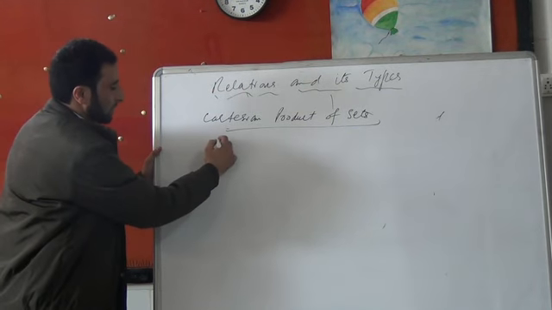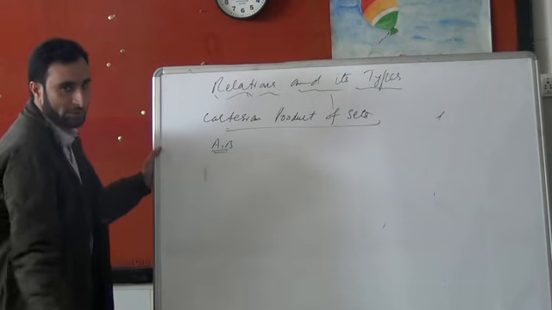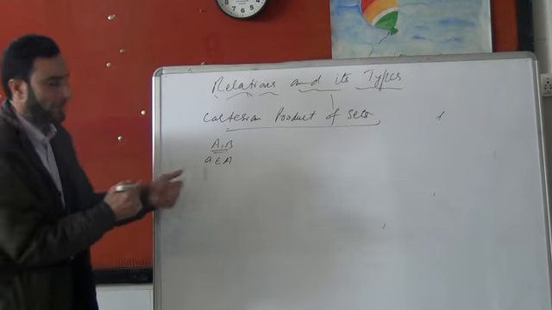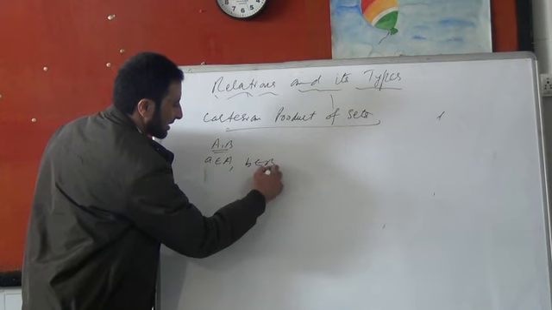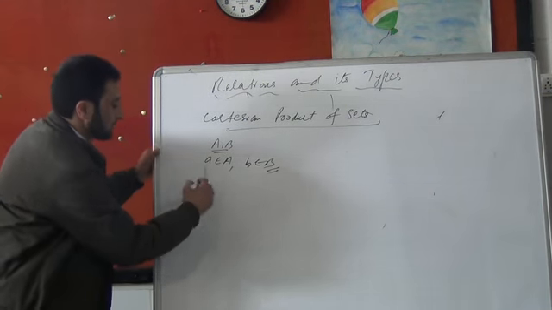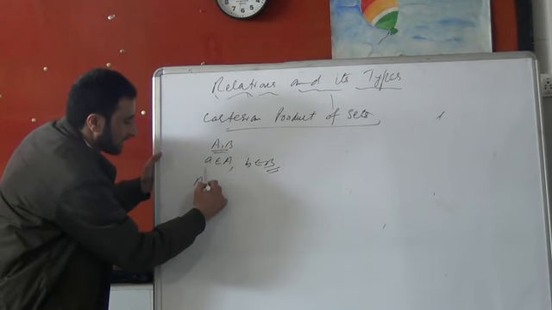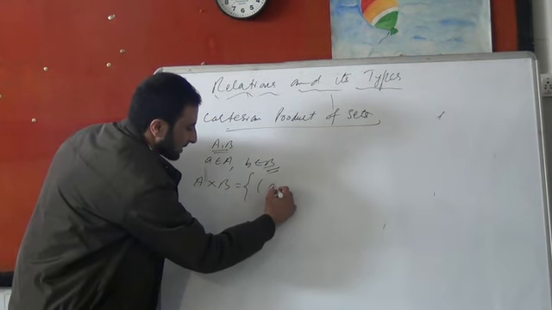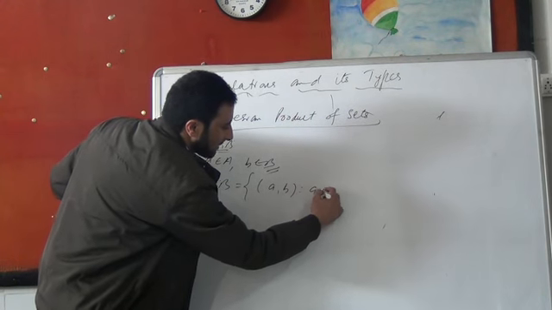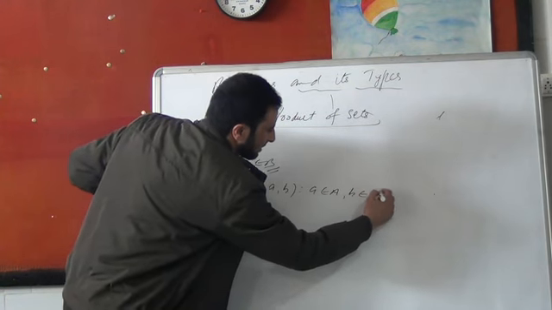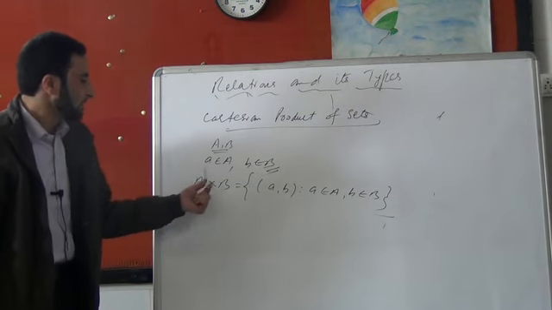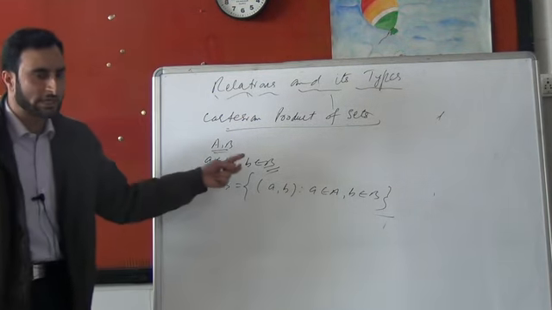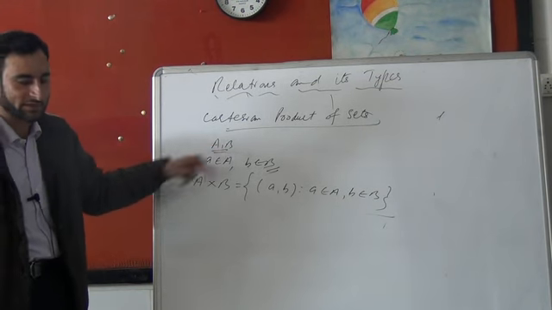Simply, if we have two non-empty sets A and B, and we suppose that a belongs to set A and b belongs to set B, then the Cartesian product of A and B is denoted by A cross B and is defined mathematically as the set of (a, b) such that a belongs to set A and b is in set B. It means that in A cross B we have just the set of all those ordered pairs between the elements of set A and the elements of set B.